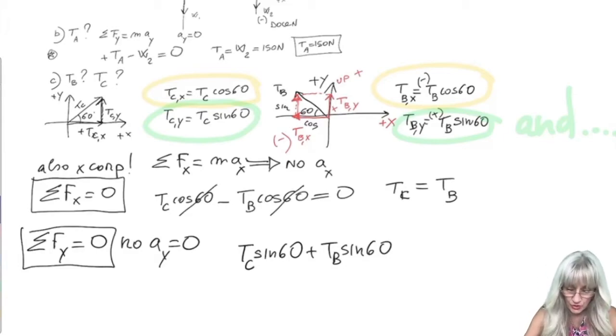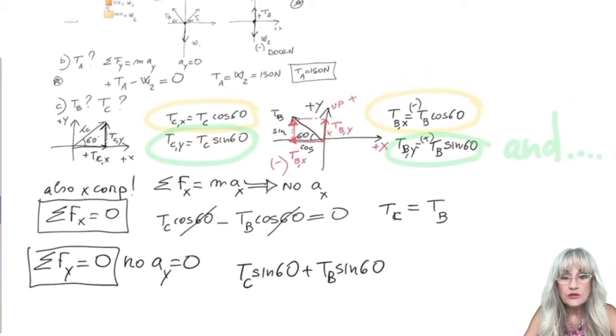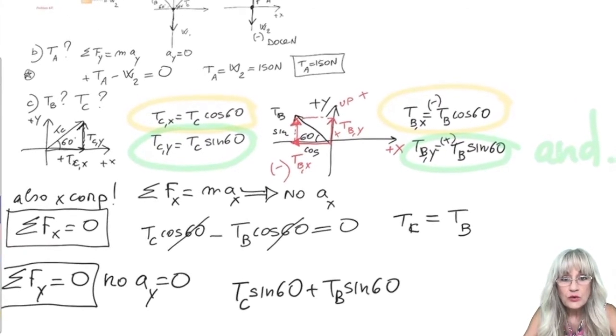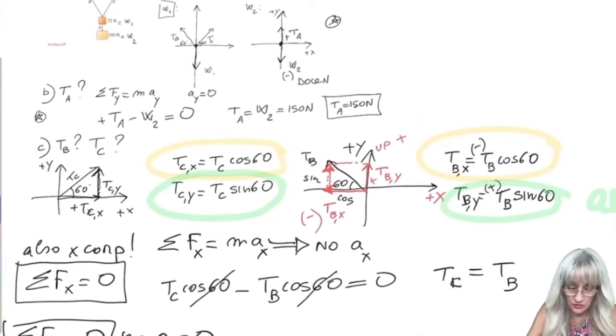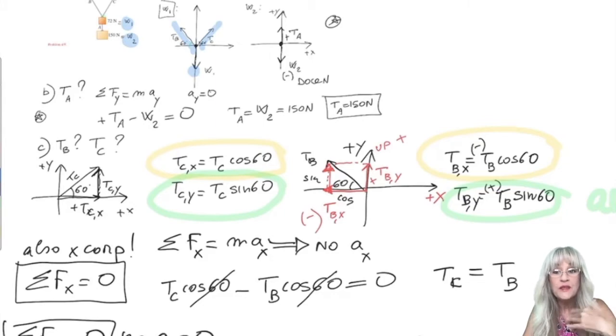But if you look to the free body diagram there, you will see that where you have T of B and also T of C right here in blue, there is also a weight 1, and also attached is a weight 2. So those are vertical components that I need to keep in mind.